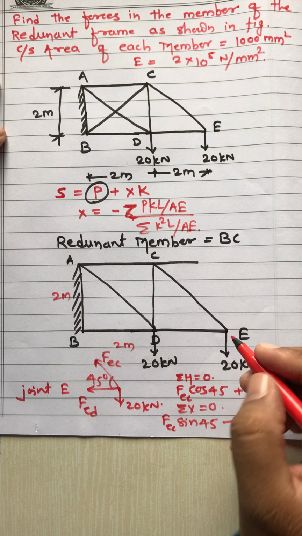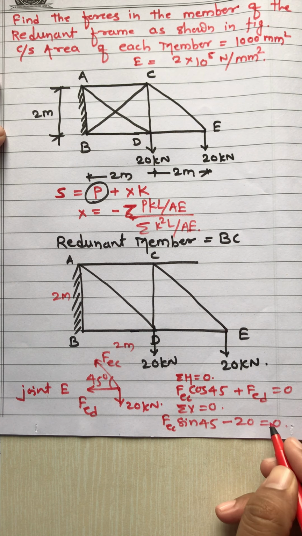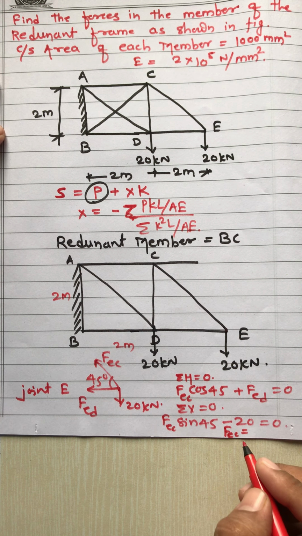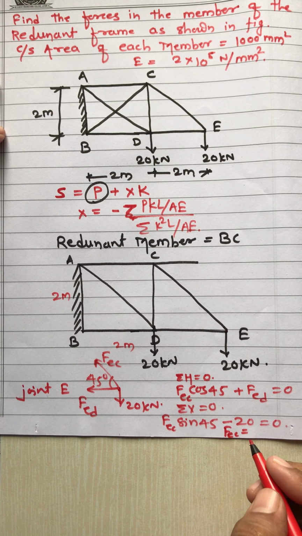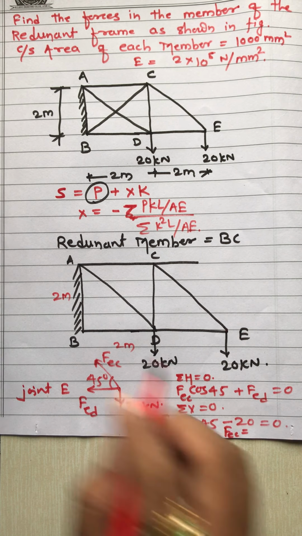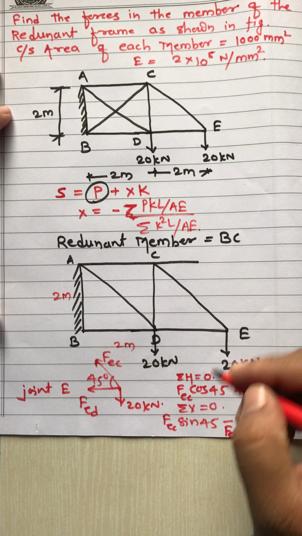FEC becomes positive because minus 20 goes to that side as plus 20. So FEC equals 20 into root 2. I assumed the direction is correct.